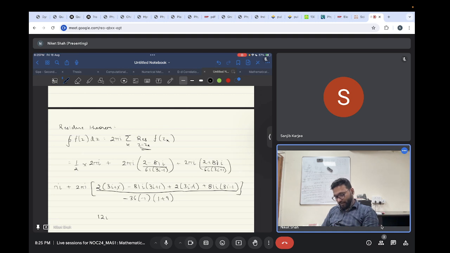This gets cancelled. Then the imaginary term here, minus 81i into 2 minus 81 into 2i, and the real term cancels, divided by 36 into 10, so 360, into 2 pi i.